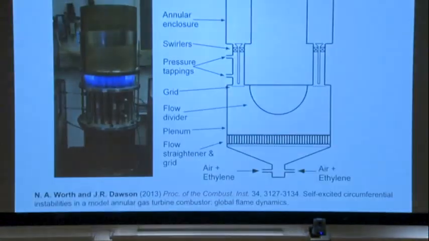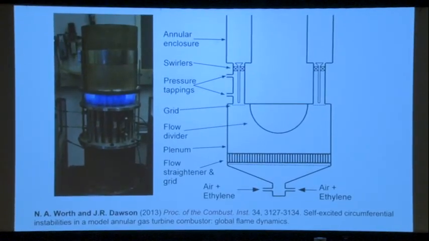Yeah. So this is their equipment. They have also a very large plenum here, and they have also this, you see, a rod, a bluff body here. So the swirl number is not very large here. And much of the stabilization is due to recirculation behind that. We don't have that.